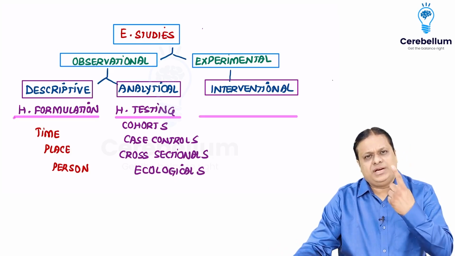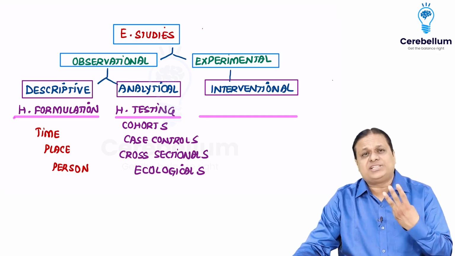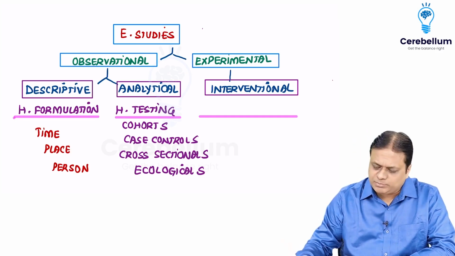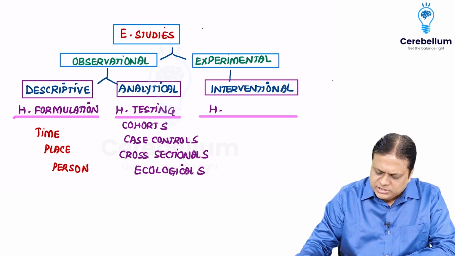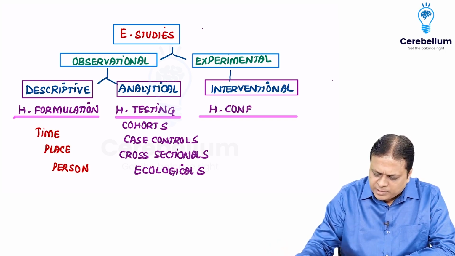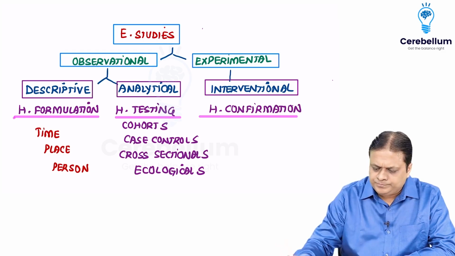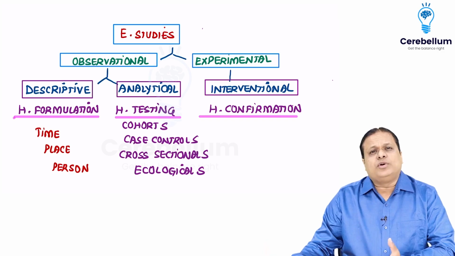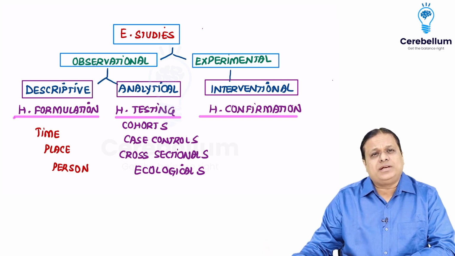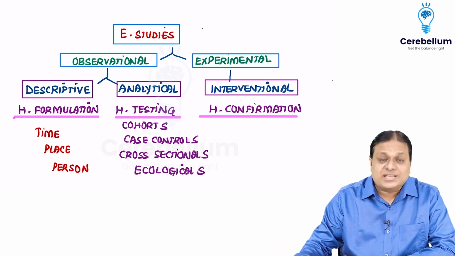So after you have made a hypothesis, tested your hypothesis, now it is finally confirmation time for your hypothesis before you tell the population. Interventional studies are used for hypothesis confirmation. Now how will you confirm your hypothesis? By experimental or interventional study designs, trials.